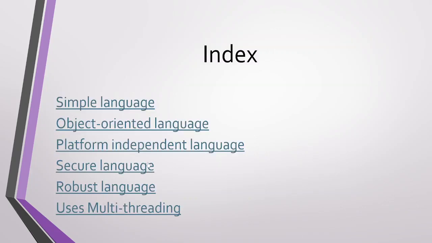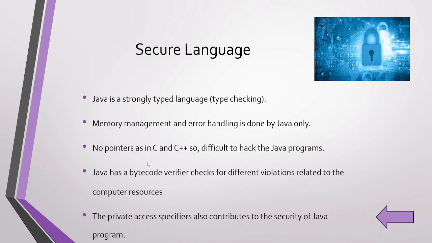Coming on to secure language, Java is very secure. Why? Because the previous programming languages have pointers directly accessing the machine, that is RAM and all. But these pointers allow hackers to hack the programs. Now, Java has several points which make it very secure.